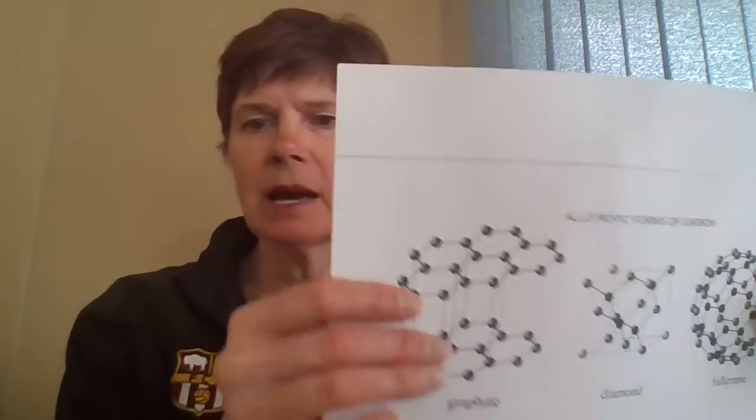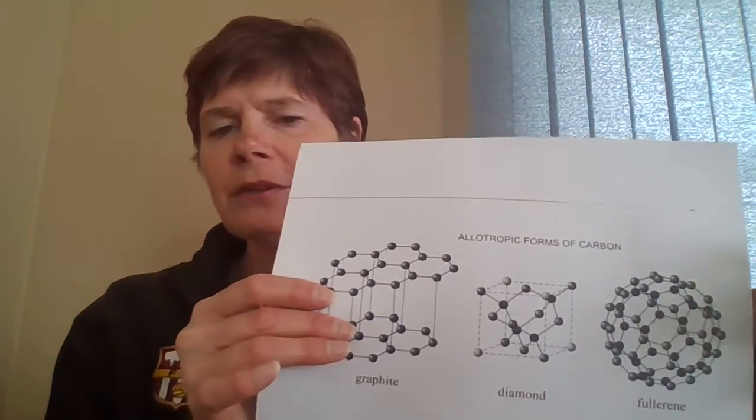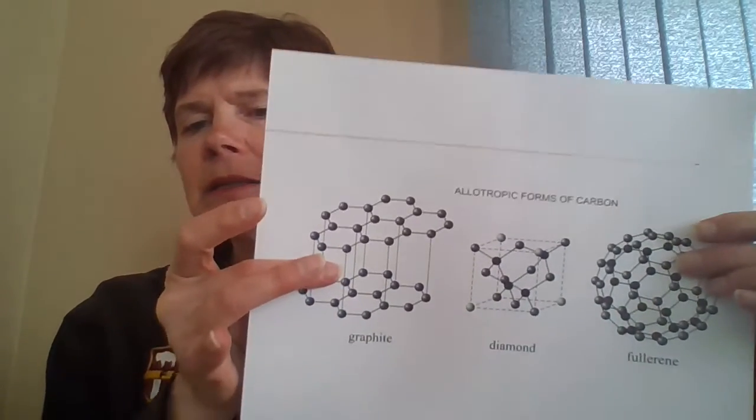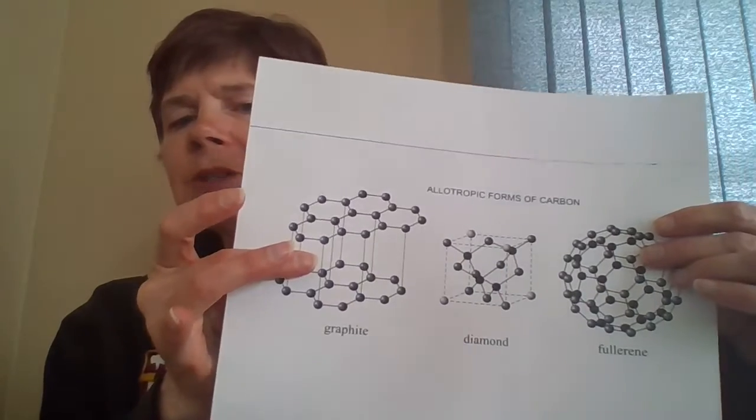Another example of an allotrope is the allotropes that exist for carbon. Carbon can bond in different ways, and I'll show you some diagrams of different bonding for carbon. The first one over here is the allotrope of carbon that is graphite.